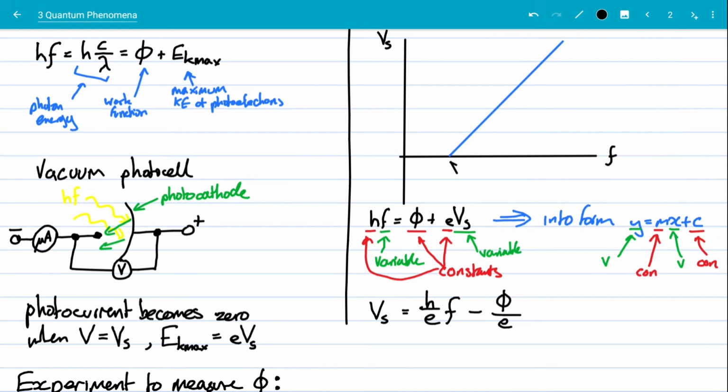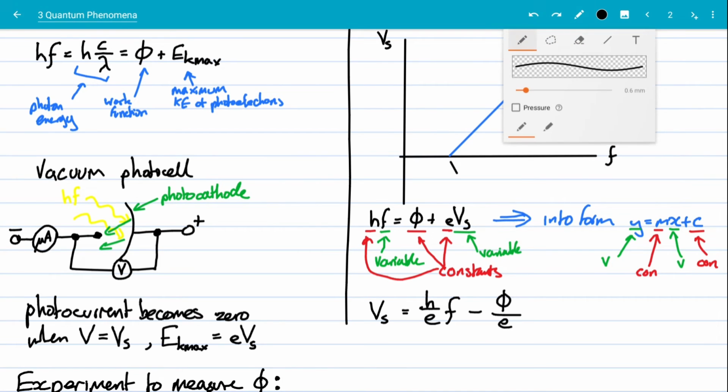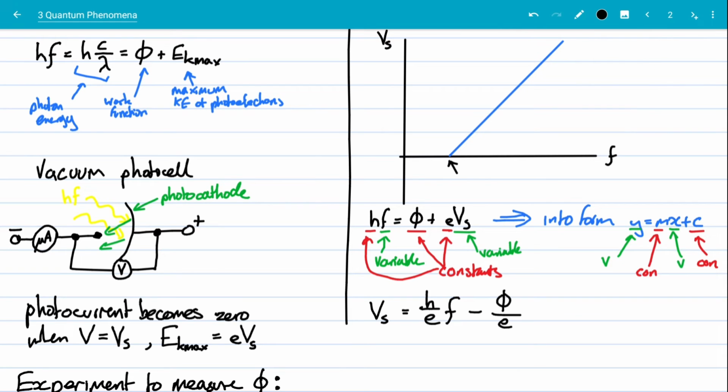That would be our threshold frequency. Because in order to get photoelectrons to be emitted, we need to have light of a higher frequency than the threshold frequency. There's no way of measuring a stopping potential below that.